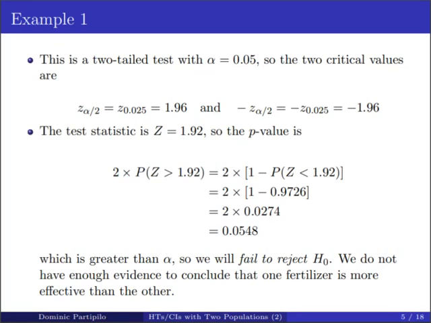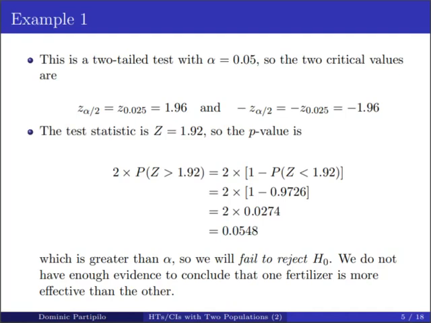So when we take that probability, which is 0.0274, and we double it, we come up with 0.0548, which is slightly greater than our significance level of 0.05.